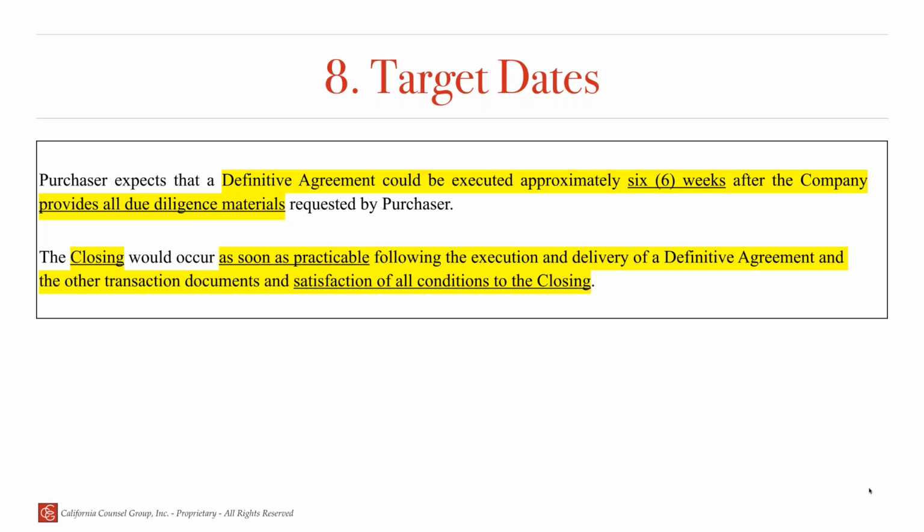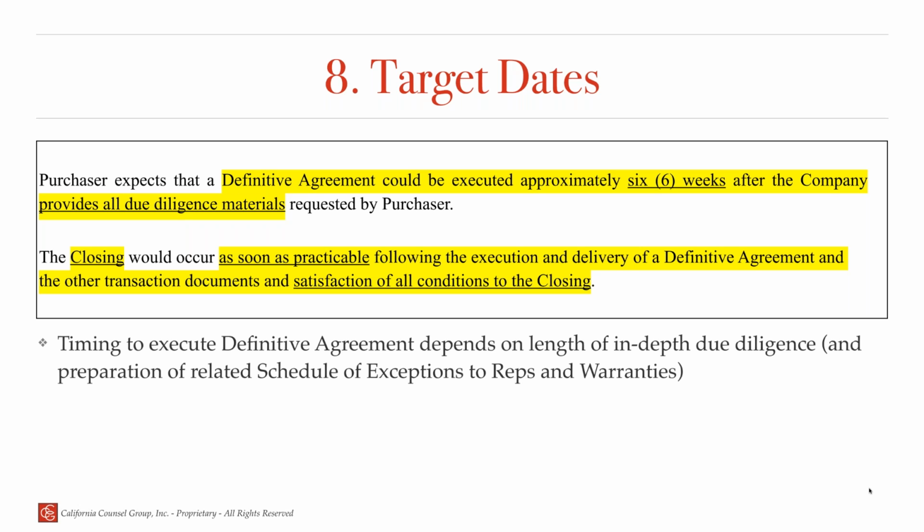If you read the first sentence, it says the purchaser expects that a definitive agreement could be executed approximately 6 weeks after the seller provides all due diligence materials, right? So the biggest unknown variable is "provides all due diligence materials."